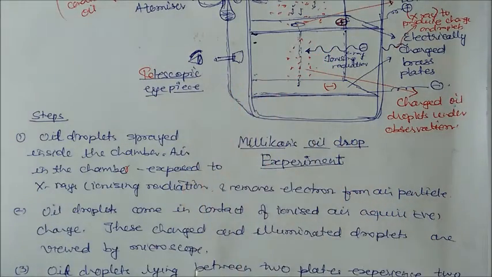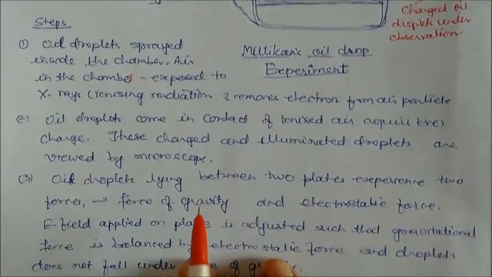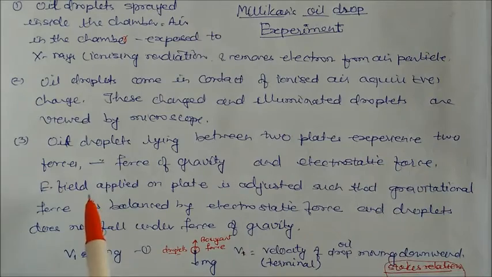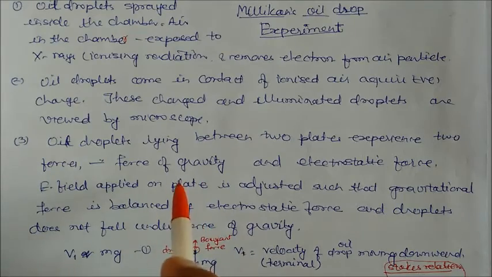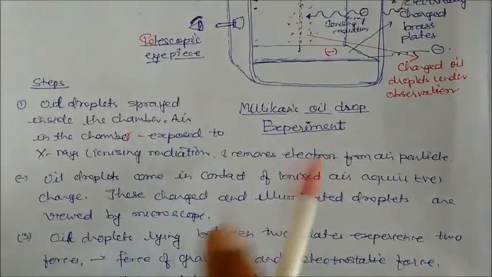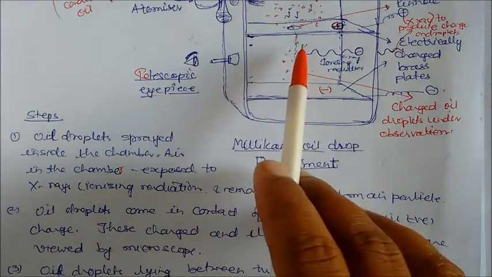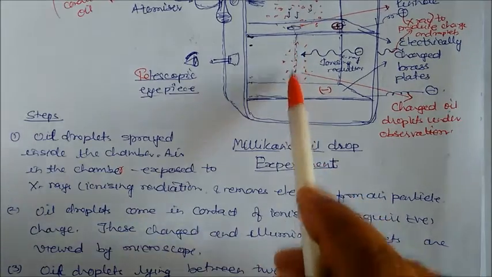So oil droplets lying in between the two plates experience two forces. One, when it is falling down, is the force of gravity, and another force is due to the two plates. One plate is positive and one is negative, so they will force this electron in the upward direction. So one is falling, one is going.